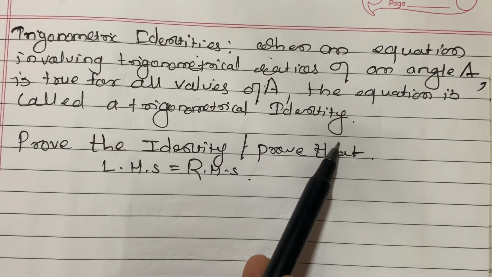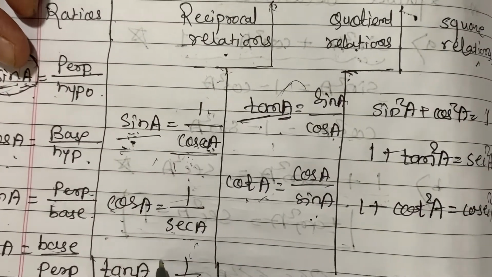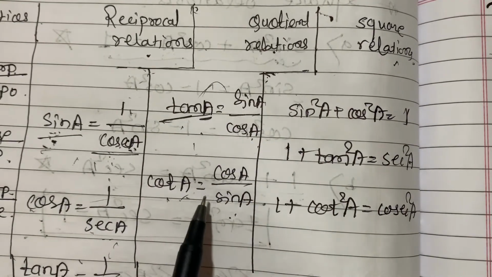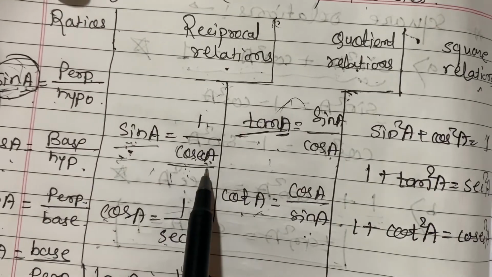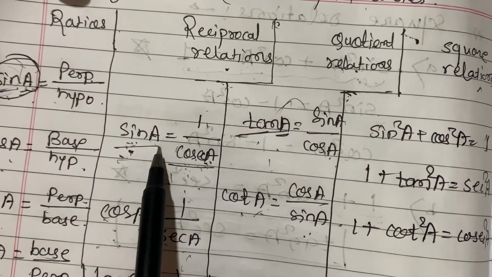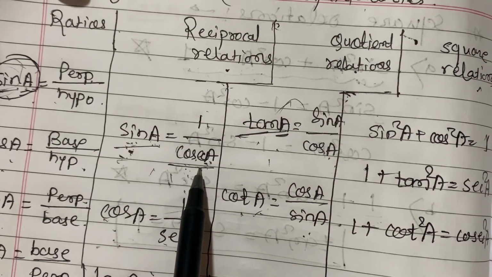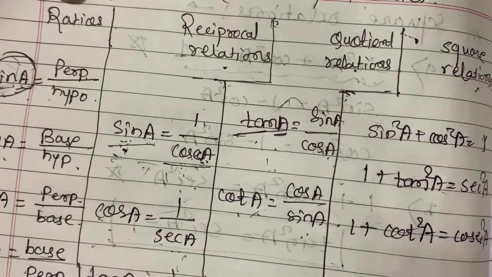Consider the reciprocal relations, the quotient relations, or the square relations; these are also called trigonometrical identities. Why? Because they are true for any angle. You consider any angle A, these relationships are always true. So that's why these are also called trigonometrical identities.